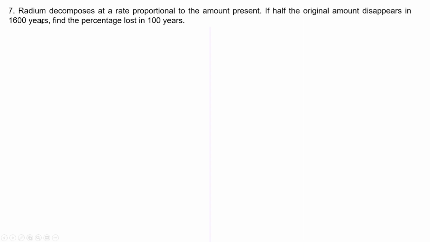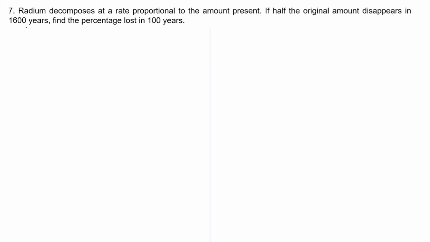Next question. Radium decomposes at a rate proportional to the amount present. If half the original amount disappears in 1600 years, find the percentage lost in 100 years. So this is a decay model similar to the carbon dating that we have already seen.